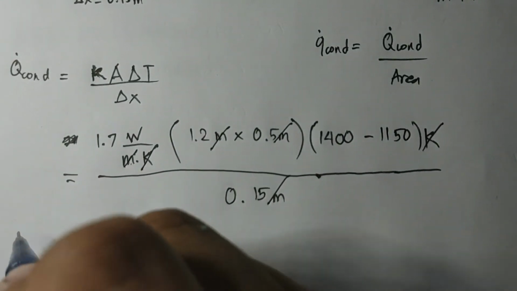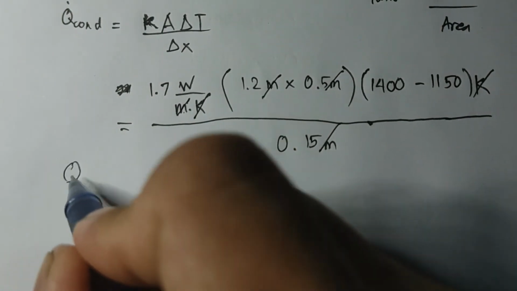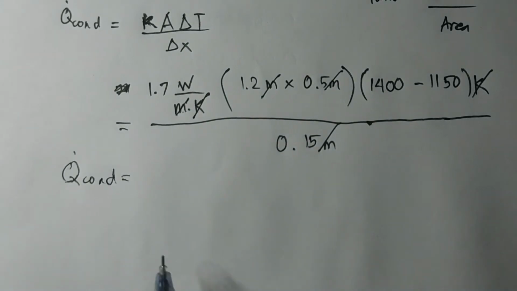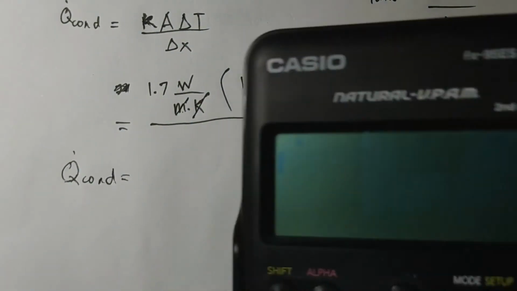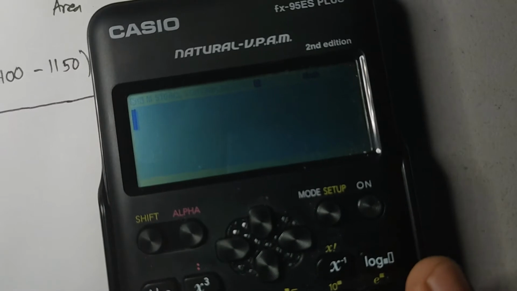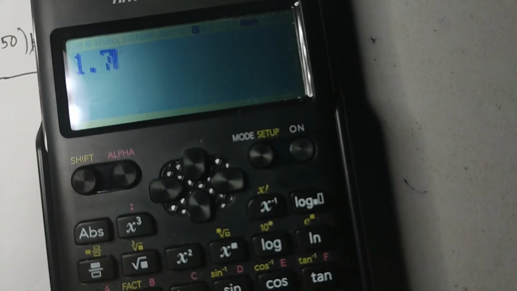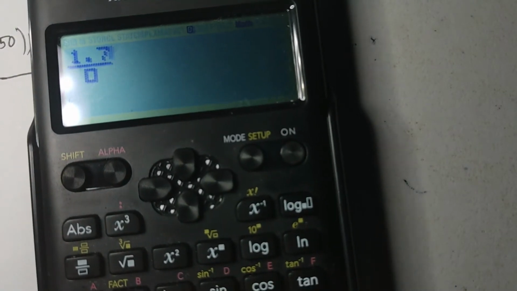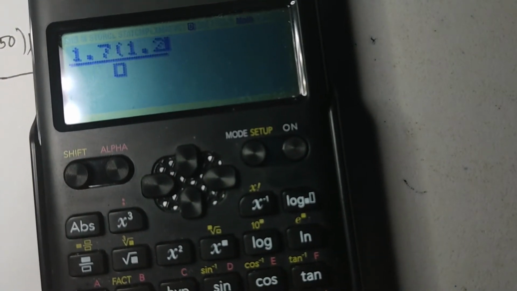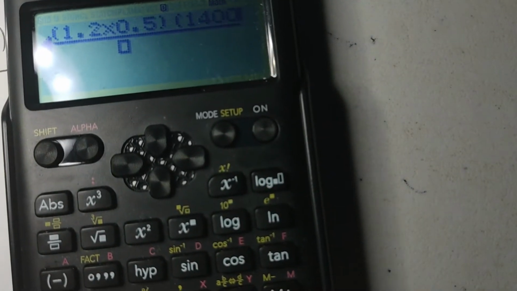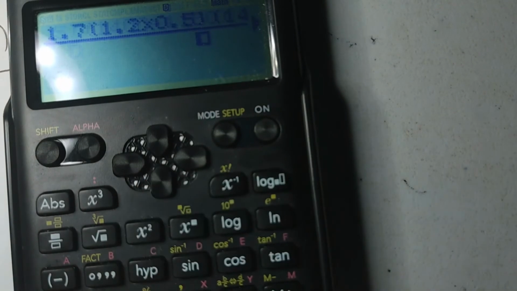Magiging unit mo, watts. We all know that the unit of heat of conduction is watt. So, solve natin gamit ang ating calculator. Reset natin muna ang ating calcu. So, yan. We have 1.7, ilagay natin yung fraction bar. 1.7 times 1.2 times 0.5 times 1,400 minus 1,150 over 0.15.